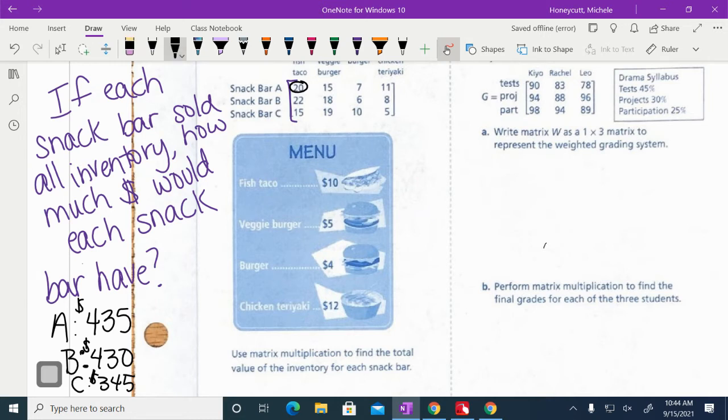So for snack bar A you multiplied 20 by 10, then 5 by 5, 10 by 4, 7 by 4, and 12 by 11. Then what did you do with those numbers? Add them all up. And you got 435 for snack bar A.